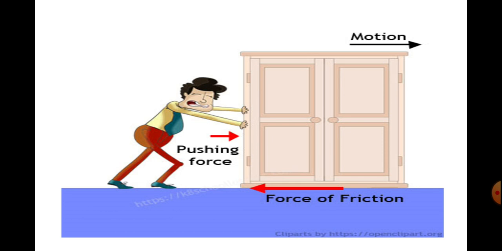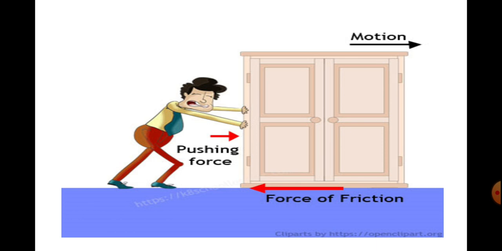Okay, so the force exerted by the ground on the moving ball and the force exerted by the ground on the box, both are opposing its motion and both bring it to a stop.